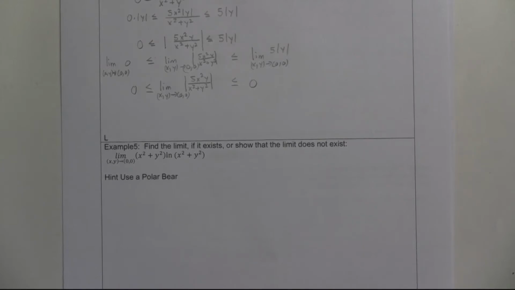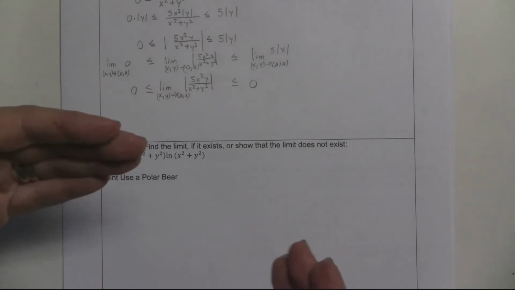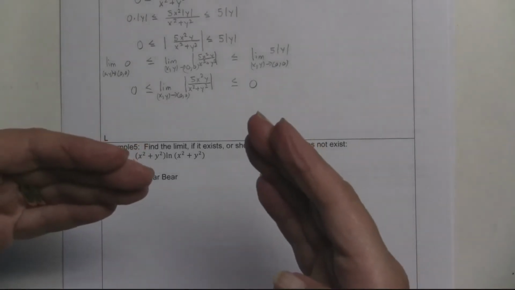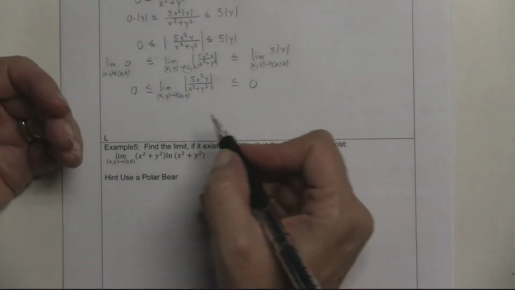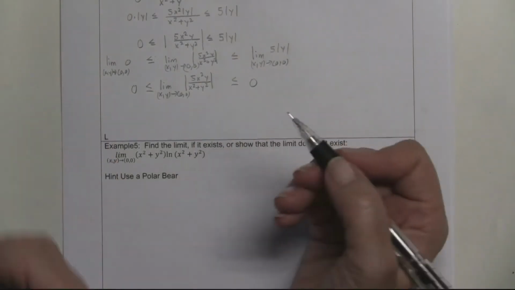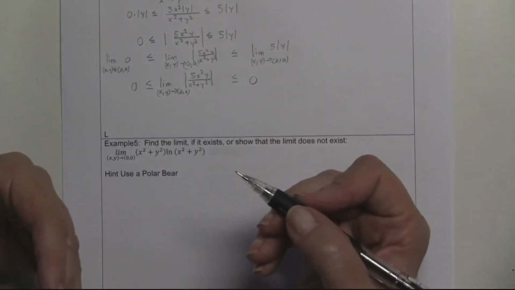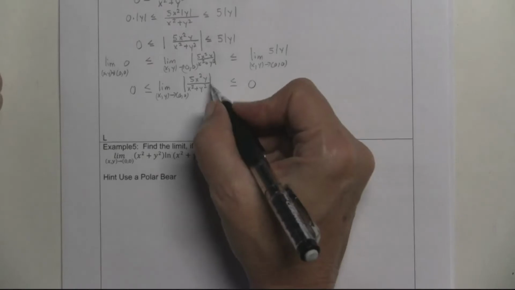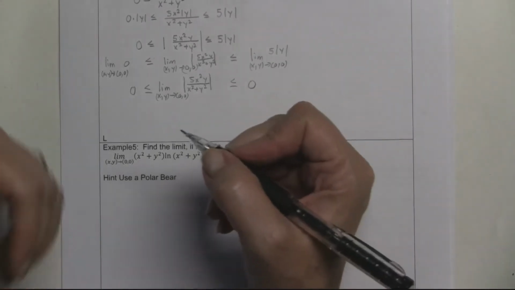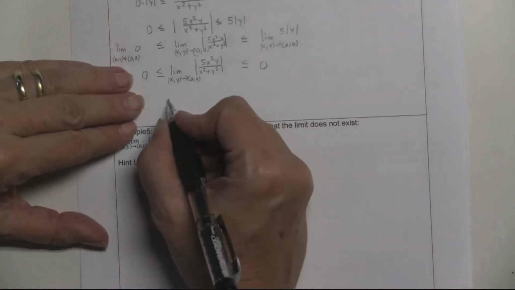If I'd been getting closer to one, then on one side I'd be getting closer to positive one, and on the other side getting closer to negative one. But one side might be getting closer to negative zero, and the other side's getting closer to positive zero. So both sides are getting closer to zero. So this absolute value, because I'm getting closer and closer to zero, is not needed, and that's pretty clever, I think.